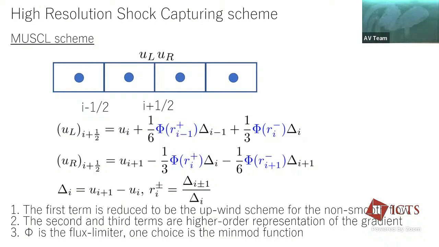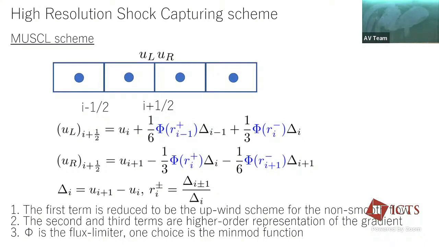But as I explained, this straight finite difference may cause oscillations. So we need to include the flux limiter as I demonstrated in the previous slide.